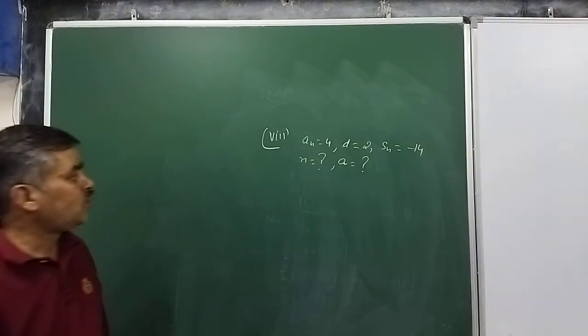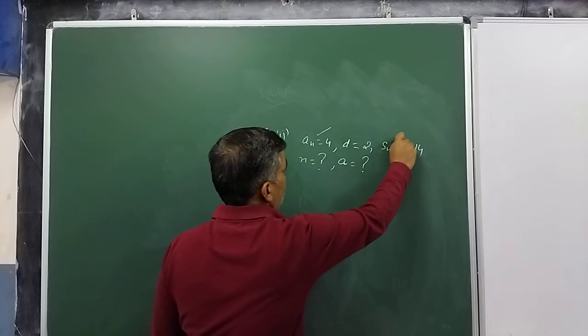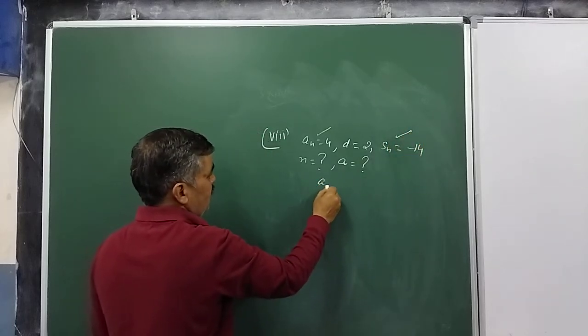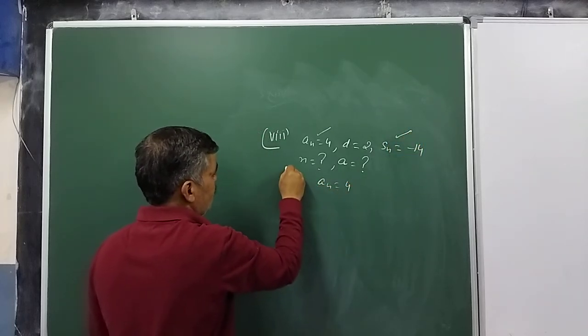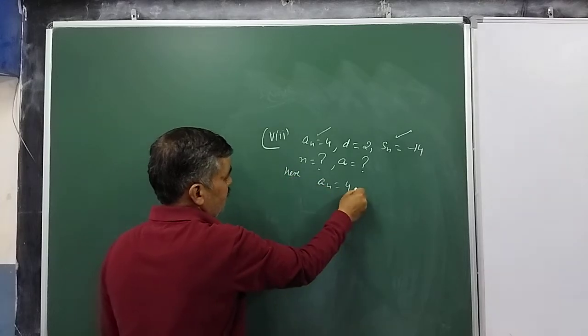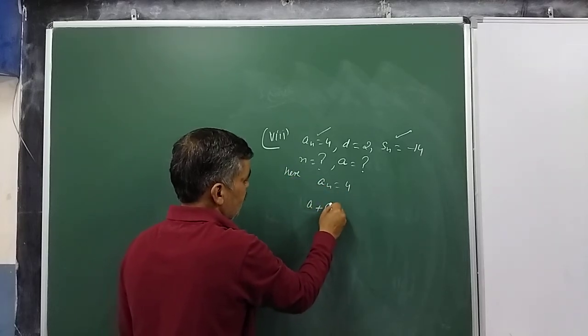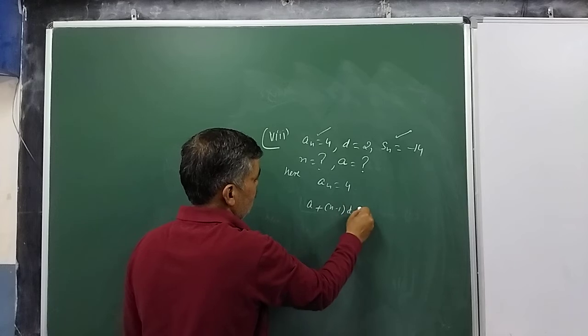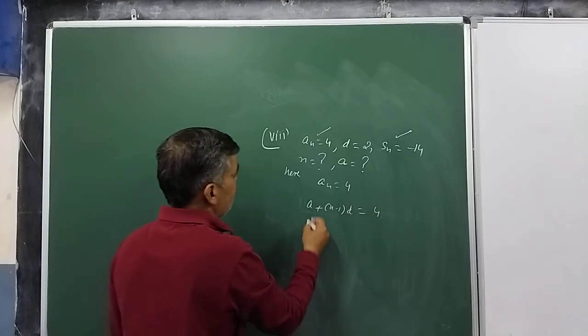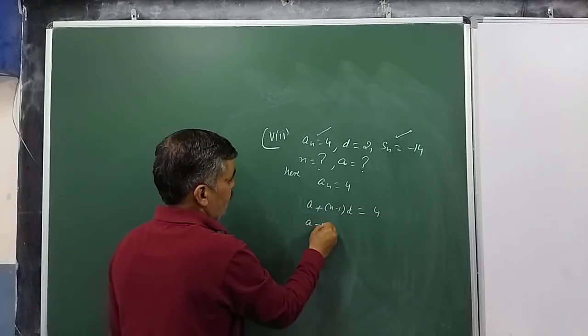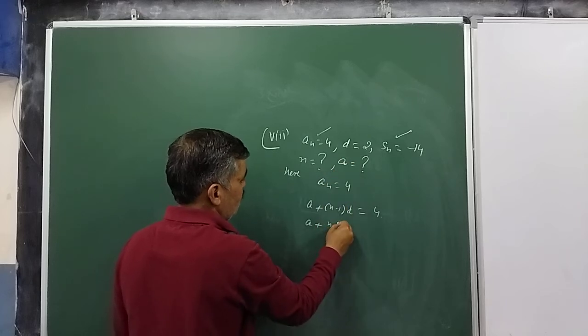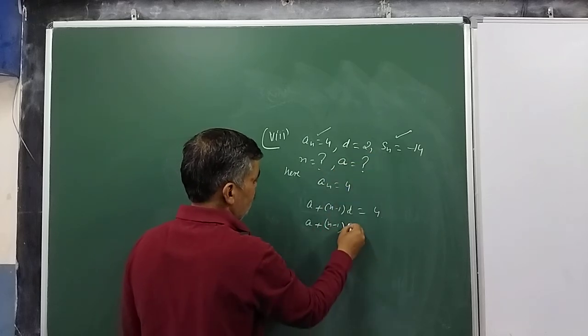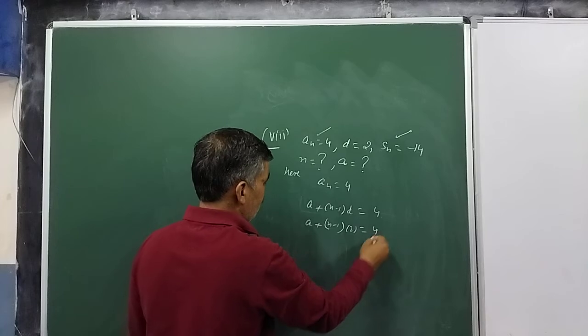For an is equal to 4, there are the two equations. When an is equal to 4, if you start with this, I will be getting a plus n minus 1 into d is equal to 4, means a plus n minus 1, d is given 2, is equal to 4.